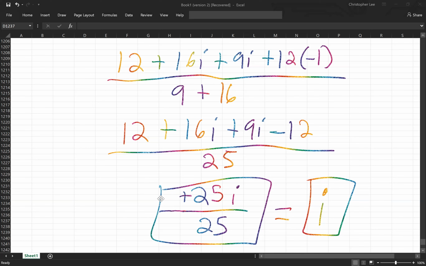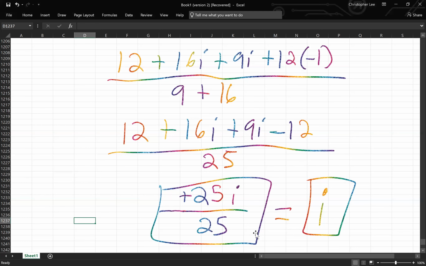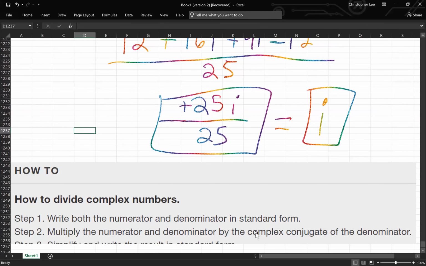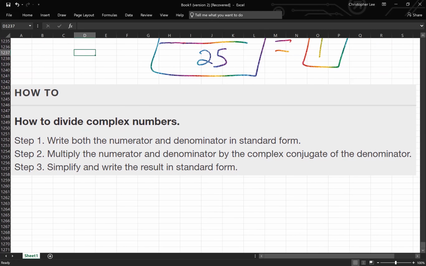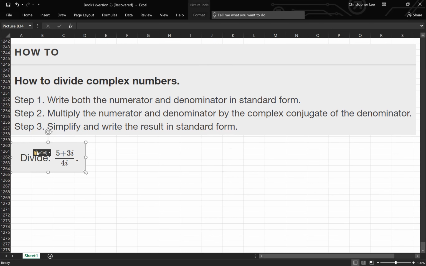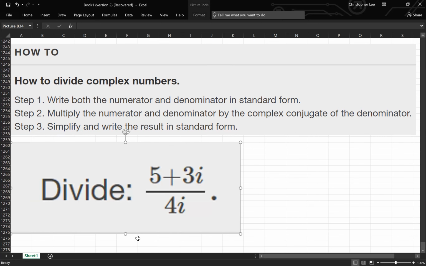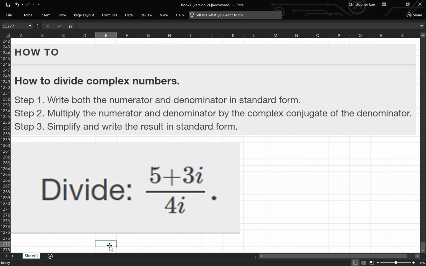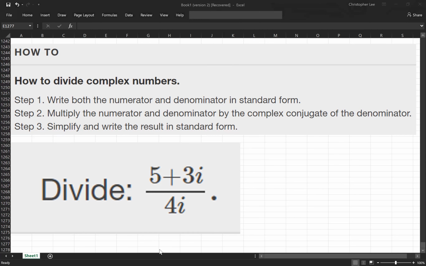All right. So on your homework, you might see an example that looks like this one, where they ask you to divide 5 plus 3i over 4i. So let's talk about how we're gonna do this one.